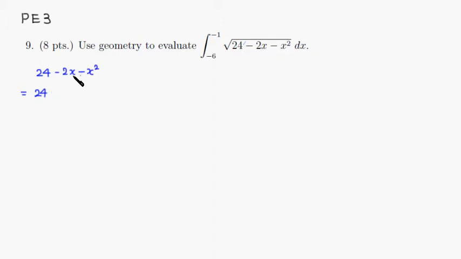Then I'm going to factor out the negative sign, so you have a negative, then a parenthesis, x squared. And I'll pull out the negative sign from negative 2x, so that's going to be positive 2x. Then I'm going to give a little bit of room here, then close the parenthesis.